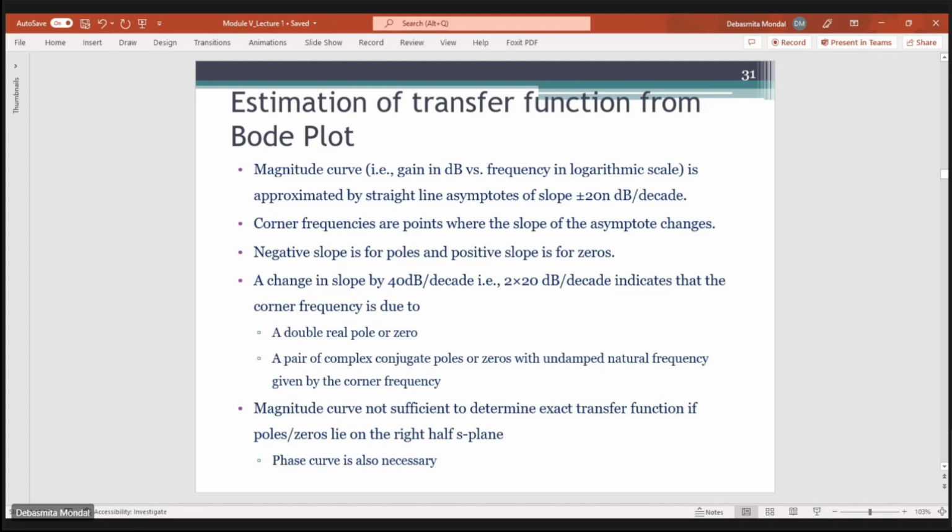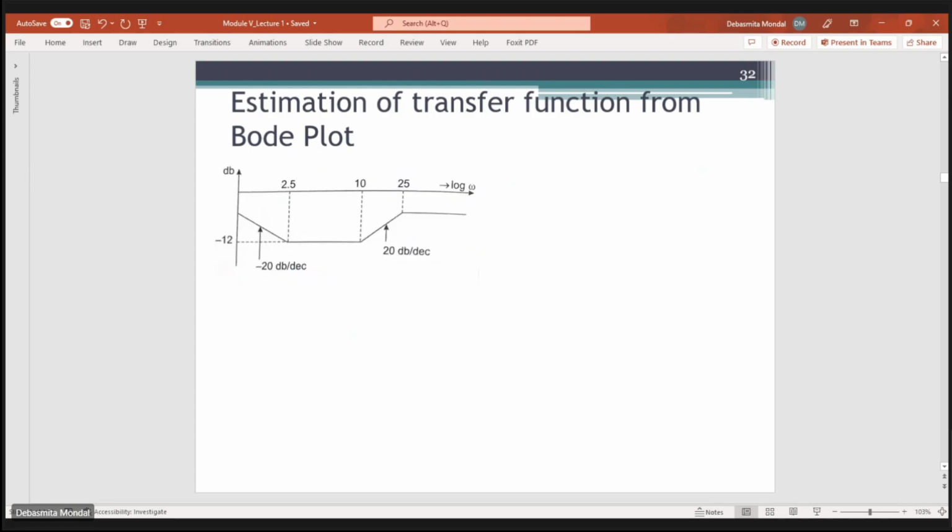But whenever a transfer function is given to you, it is assumed to be the transfer function of a minimum phase system. So from the magnitude part of the Bode plot, you can simply find out the transfer function of a system.